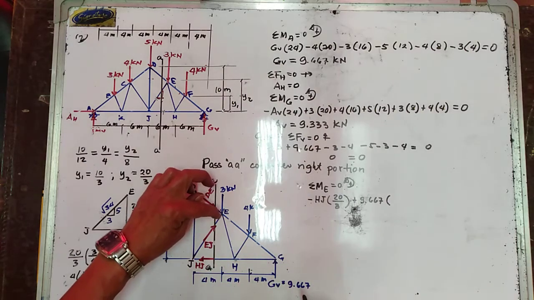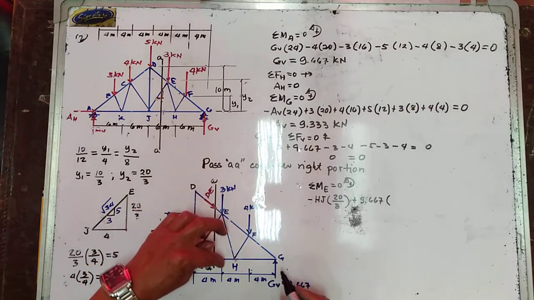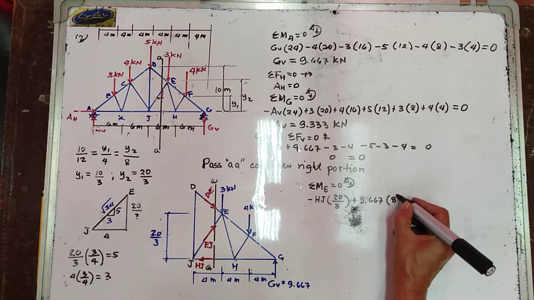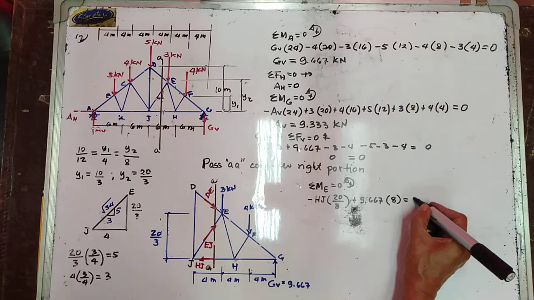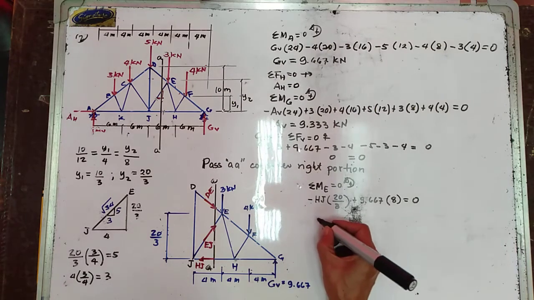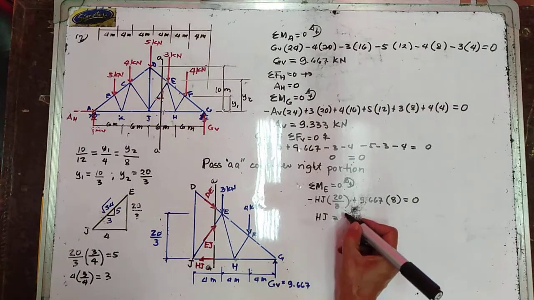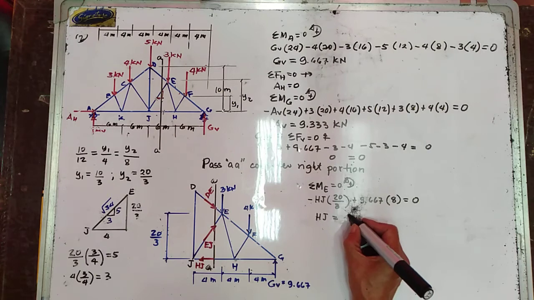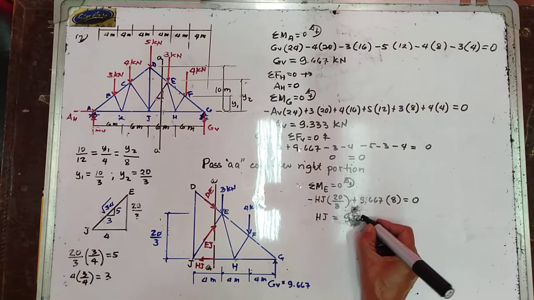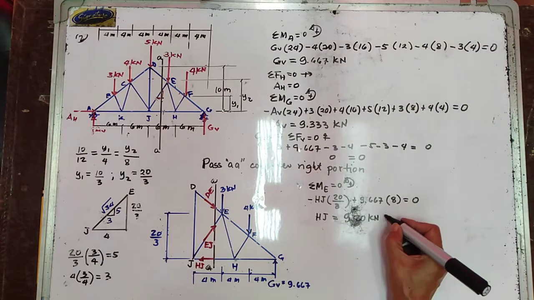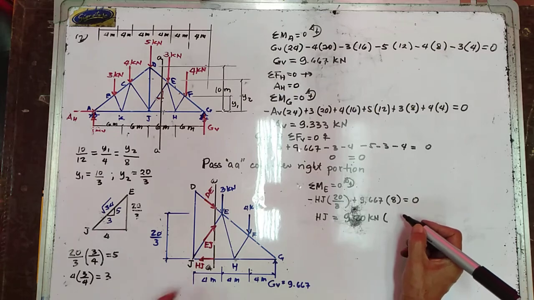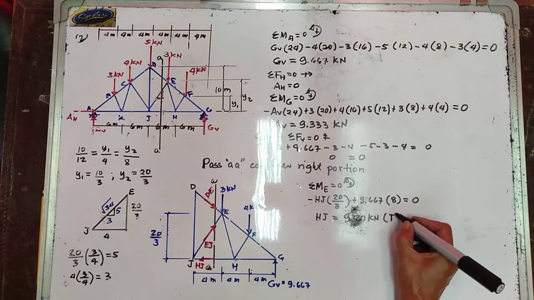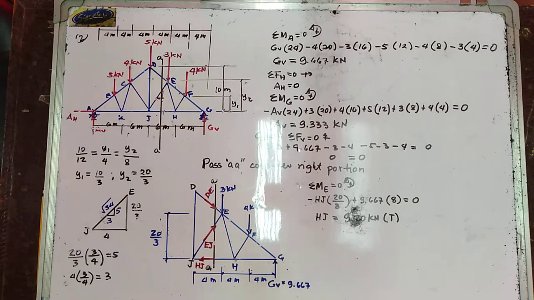Now you are getting moment, so the moment arm in here is equal to 8. And this one is equal to 0. So that the value of HJ is now equal to 9.20 kilonewtons. We get a positive value, hence HJ is in tension.